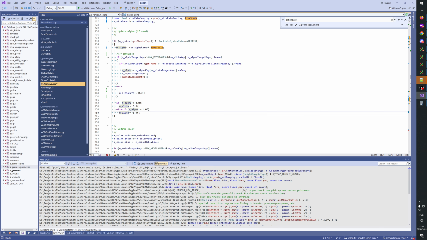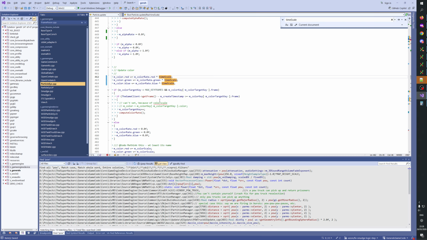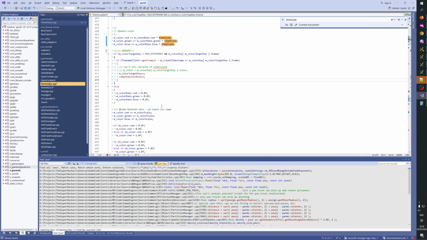Okay, here we have a clamp. Okay, update color. This one is straightforward. Here we have another danger zone. Danger. Okay. Resync this. Time scale.